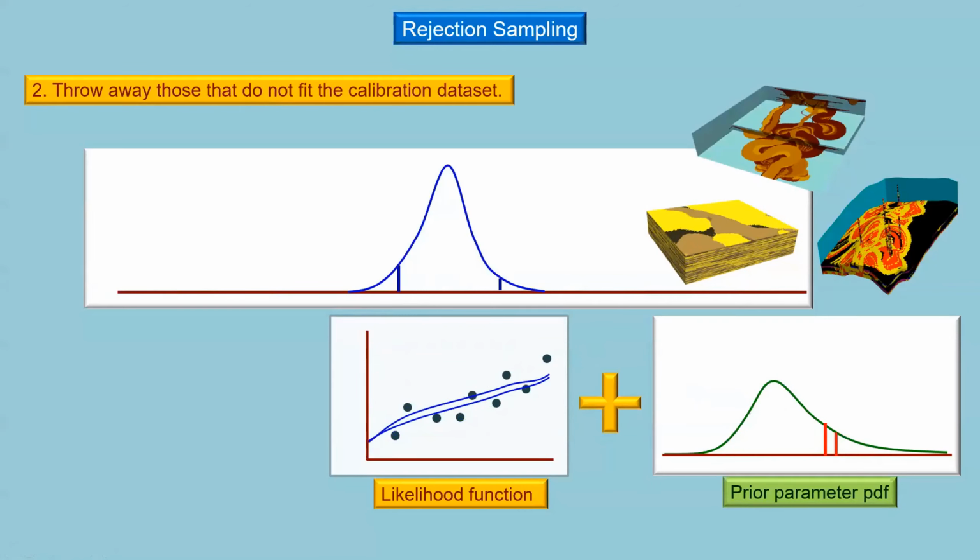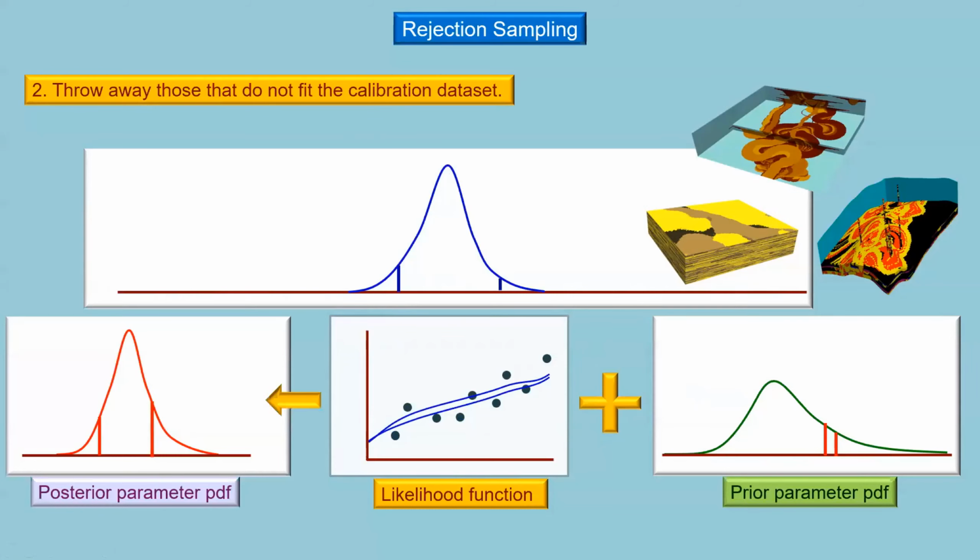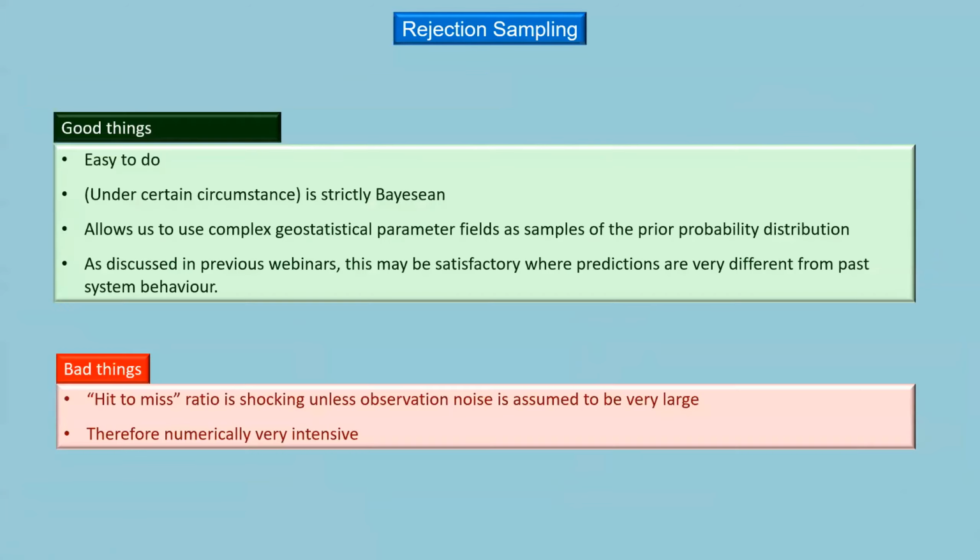Then I throw away those that don't satisfy that metric. What's left is a sample of the posterior parameter probability density function. This, for obvious reasons, is called rejection sampling, and it has some good things and some bad things.